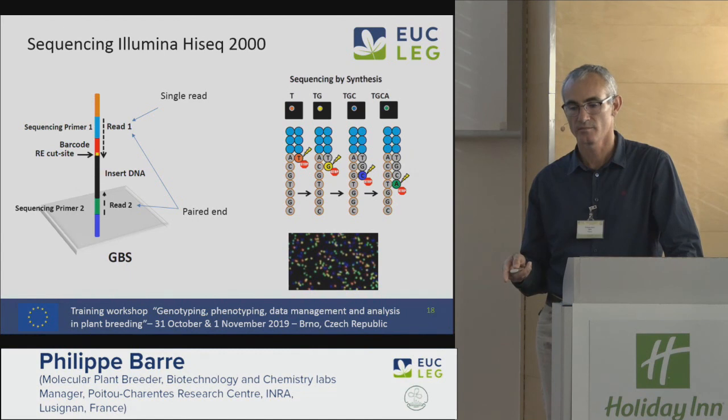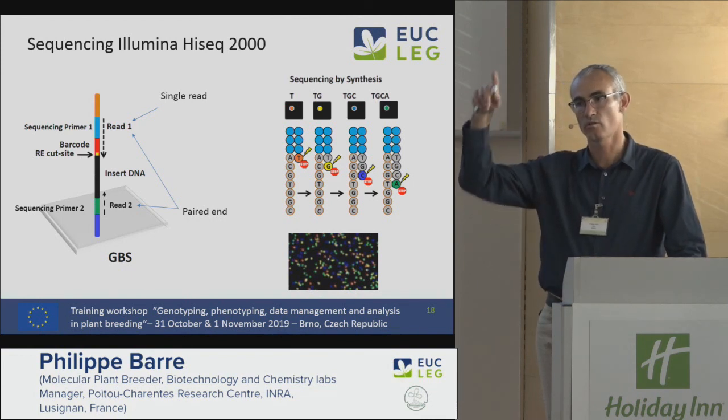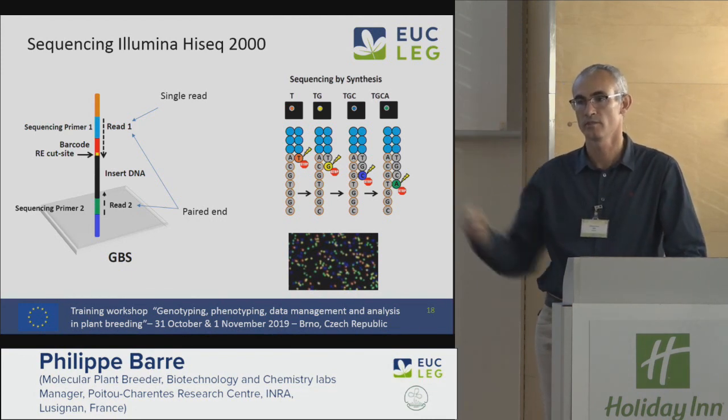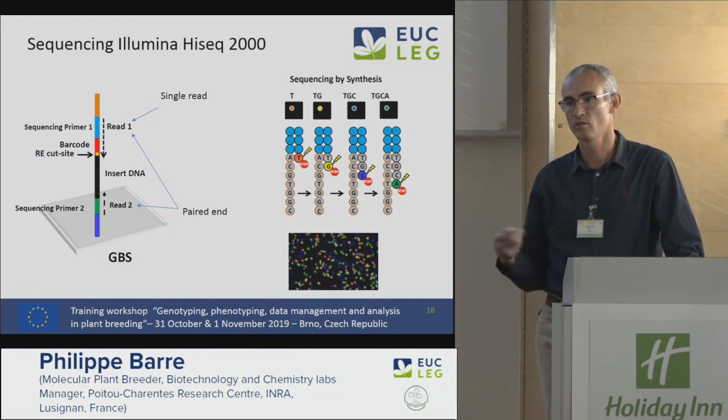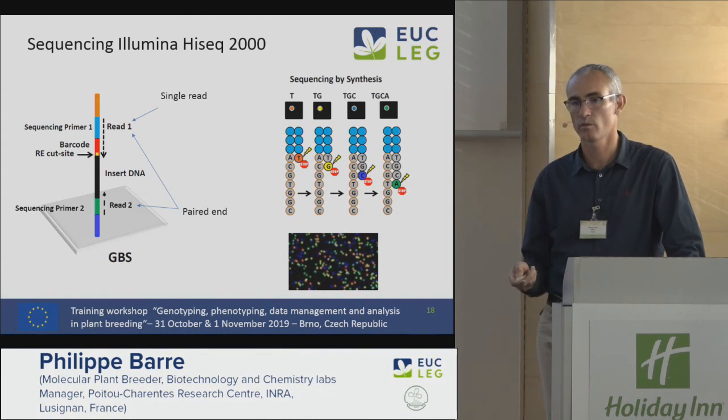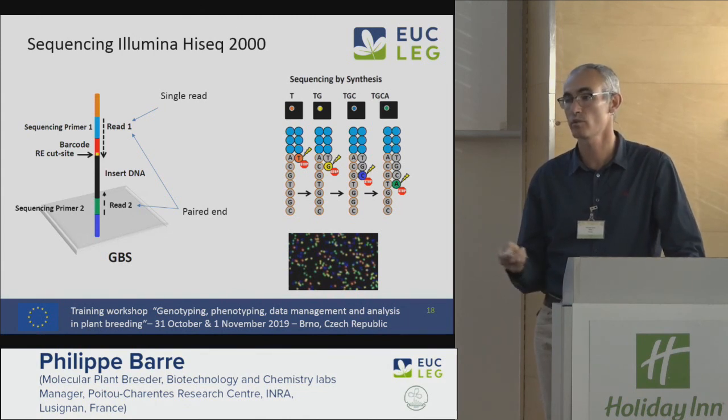And this kind of technique, and the fact that with it you're able to sequence a lot of reads at the same time, this is the drop in the price. Because of this new technology, compared to what was done before, now it's possible to do it a lot cheaper.